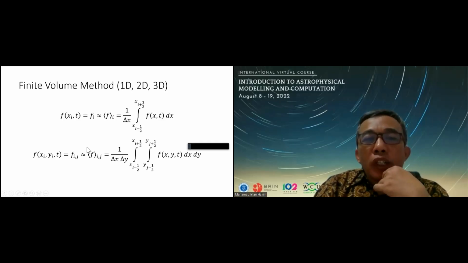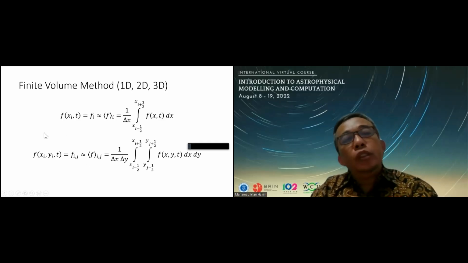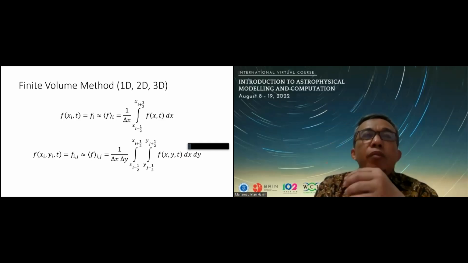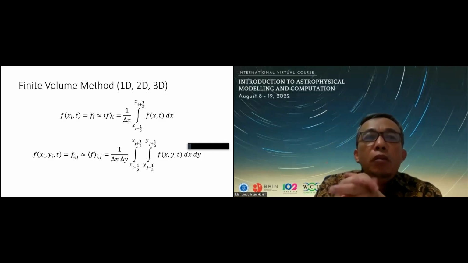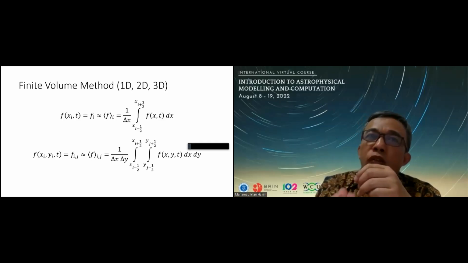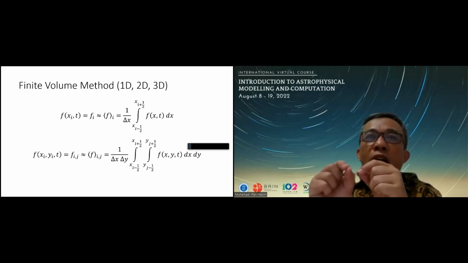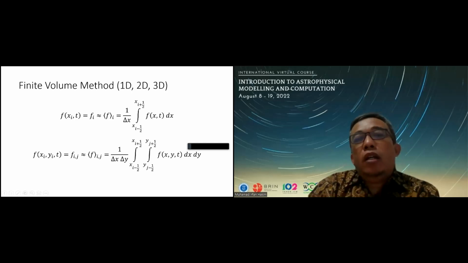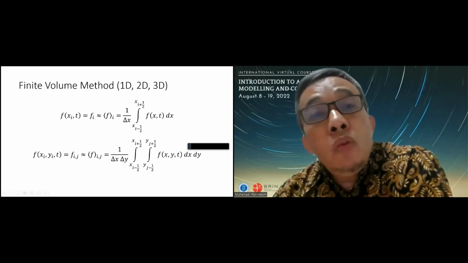By doing this approximation, we imagine a volume, and we replace the value at a node inside the volume by this integral equation.